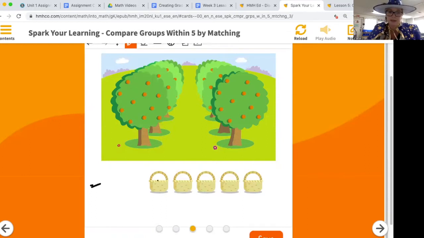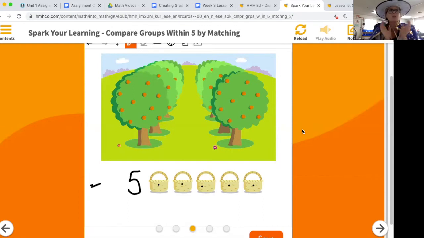Always start on the left side. 1, 2, 3, 4, 5. Can you write that number? Across, down, and around. Now, we don't know how many baskets Emil used. He used less than, which means you get to pick a number. Less than 5. Is 6 less than 5?